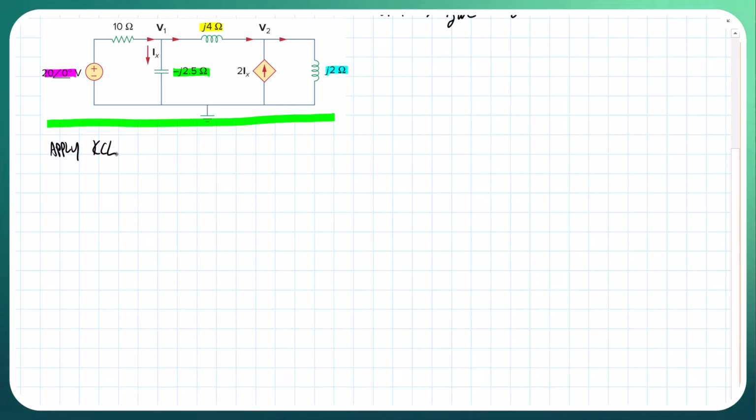KCL at node 1, which is this point here.